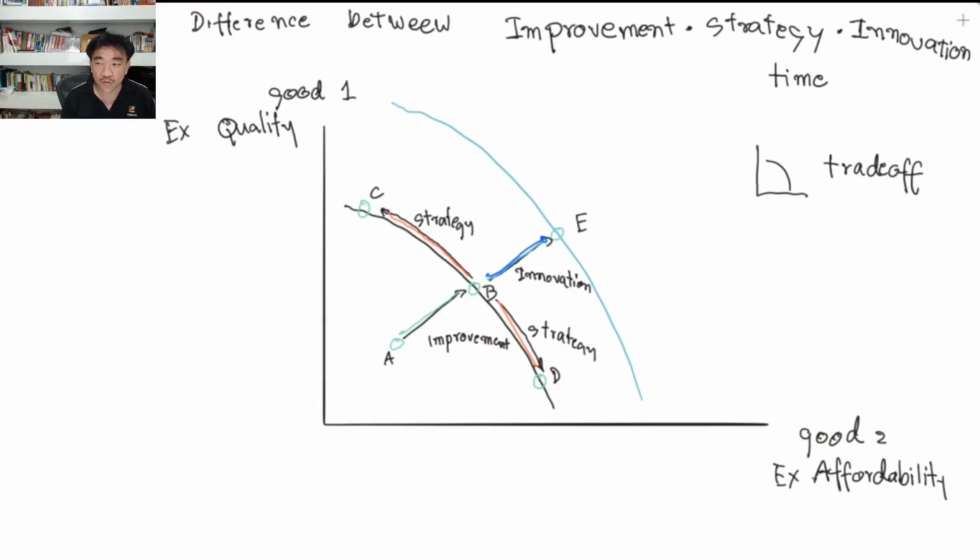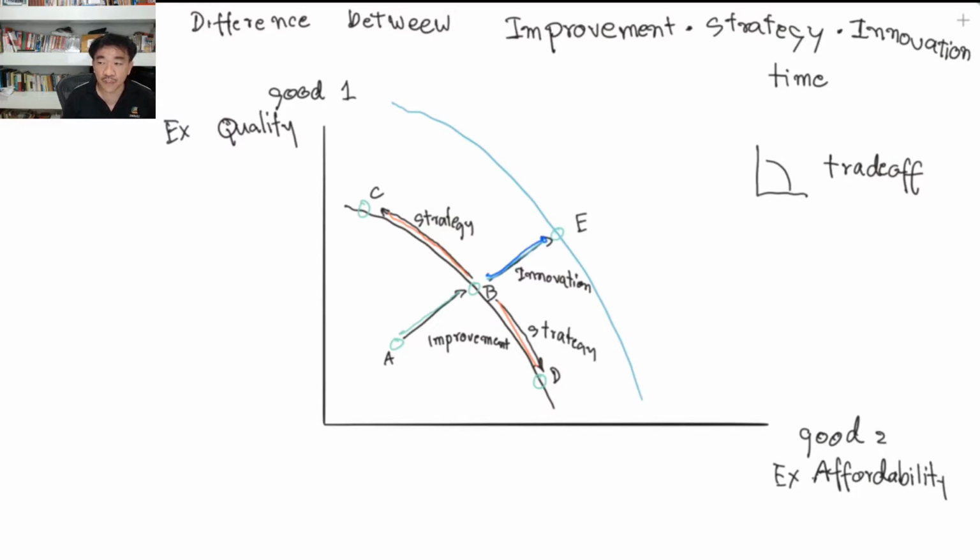So if you choose to go to C for high quality, like the iPhone, which chose the high-quality model, then it is expensive and less affordable, but it's very good quality.